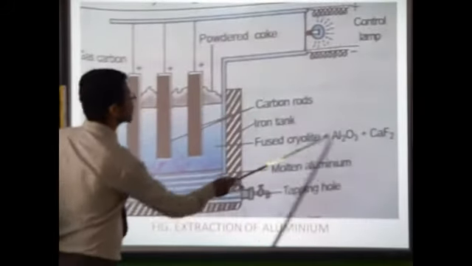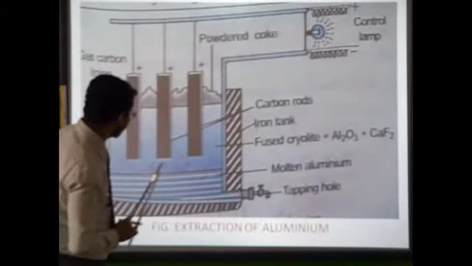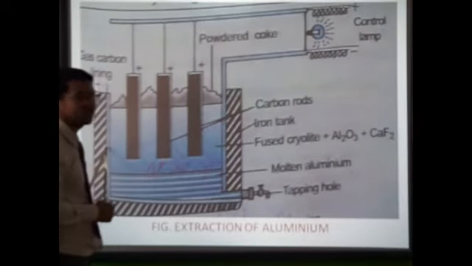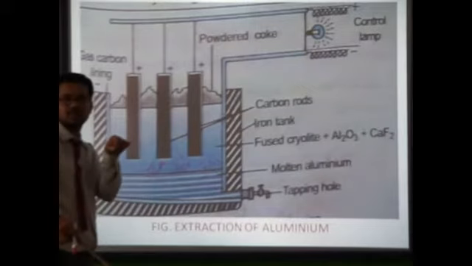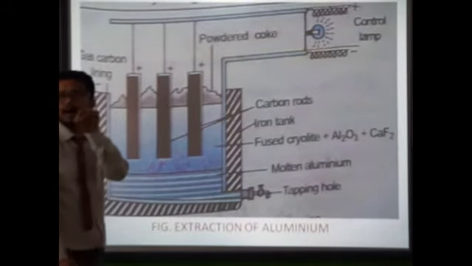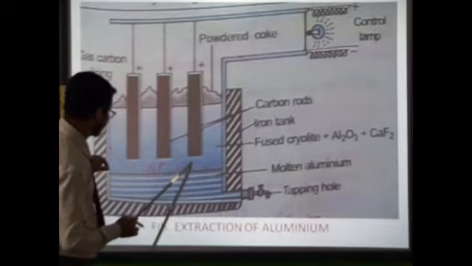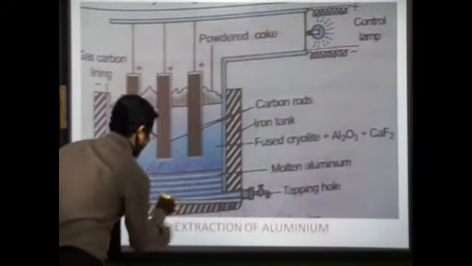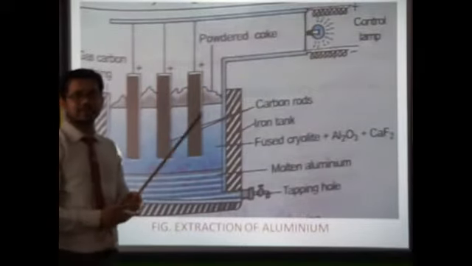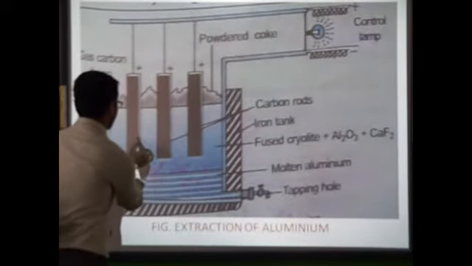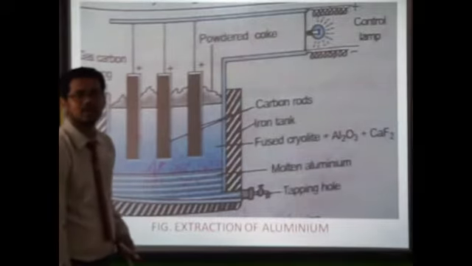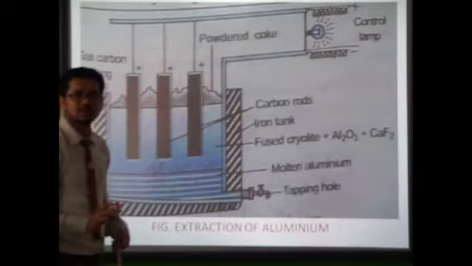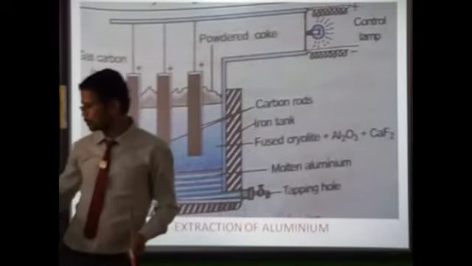So whenever this all decomposes, aluminium moves towards the cathode because it lies lower in the electrochemical series, and oxide ion gets higher preference for the discharge and moves towards the anode, which is positively charged.